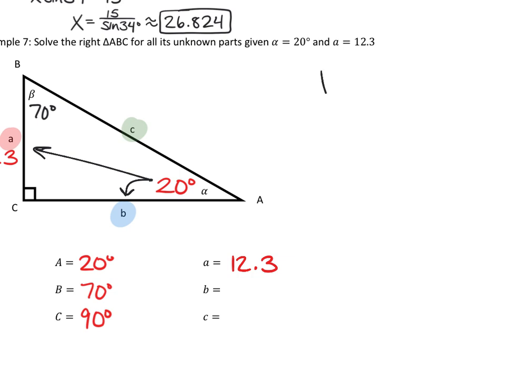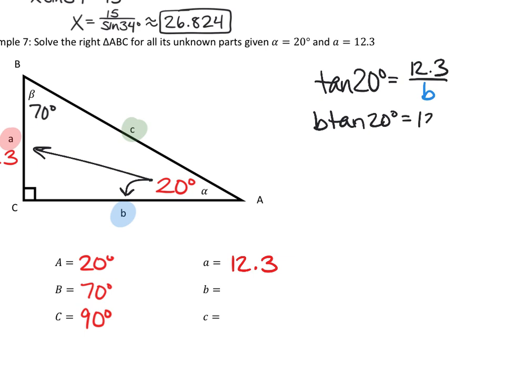So if I take the tangent of 20 degrees, it should be equal to the ratio of 12.3 over side length B. This now looks like one of the problems we did up at the top, so we can solve for B. I'm going to multiply both sides by B, and then divide both sides by tangent of 20 degrees, so that B is isolated.